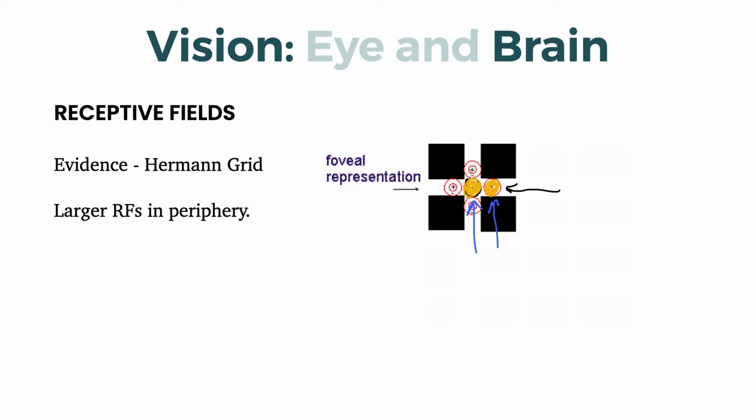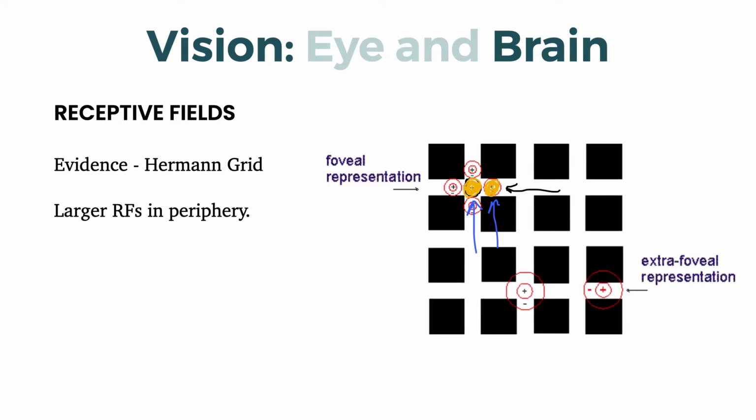Now, what happens in the periphery? So you're still looking straight on here at this particular spot, okay? So now let's take a look at what happens in the periphery. So in your periphery, the receptive field at the intersection looks like that, and the receptive field in the alleyway looks like that.